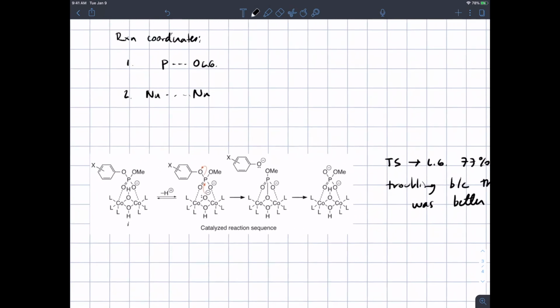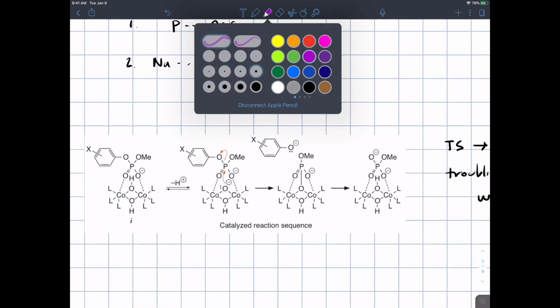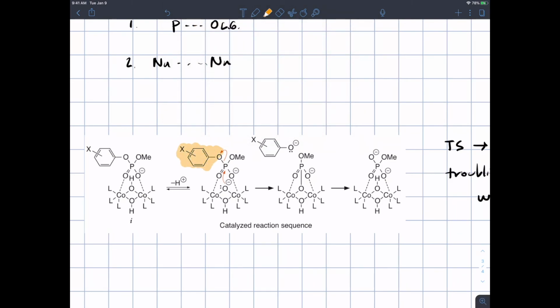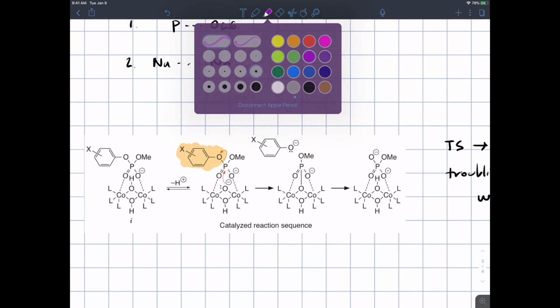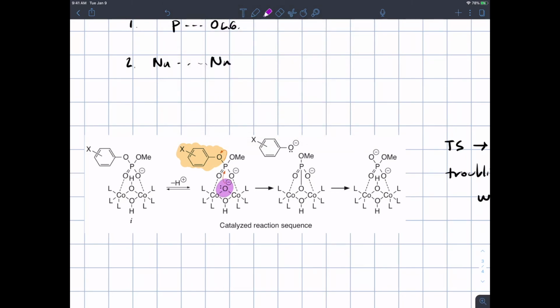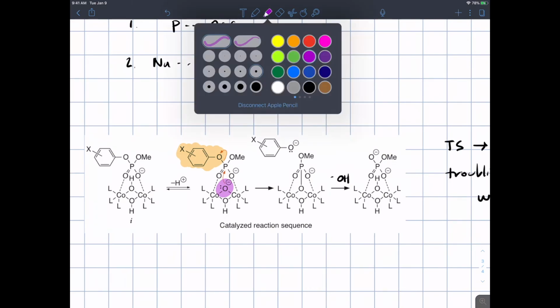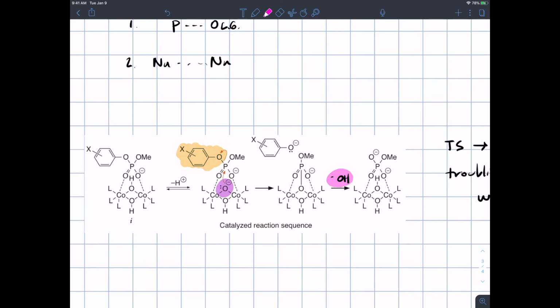Notice that in the catalyzed reaction, it's a little bit different. The rate determining step involves the leaving group leaving, and now our nucleophile is not hydroxide, but it's this bridging cobalt oxide. And it's not showing you yet how it's not showing you the OH group coming in, presumably in this step, and I'm not sure which oxygen it would be, but you need an OH group to come in and then get deprotonated to displace the oxide.